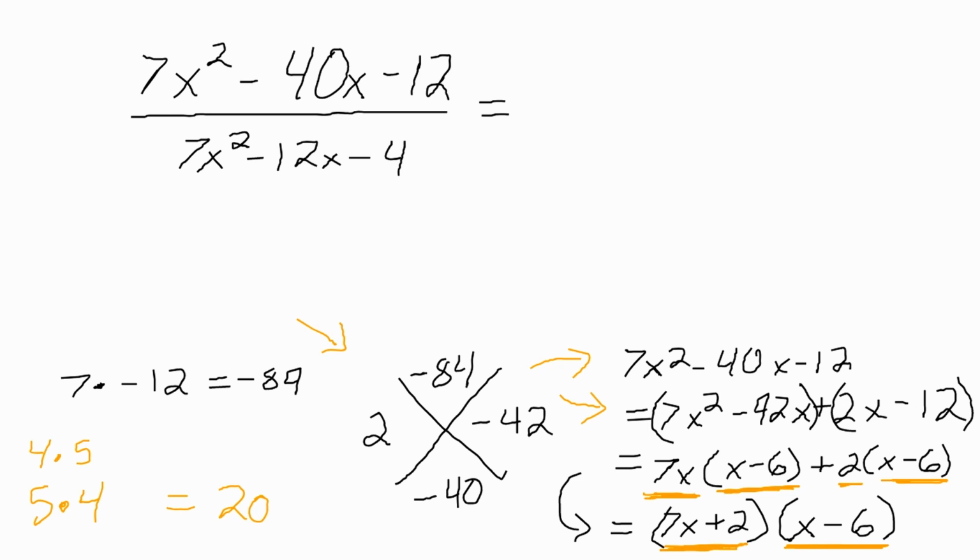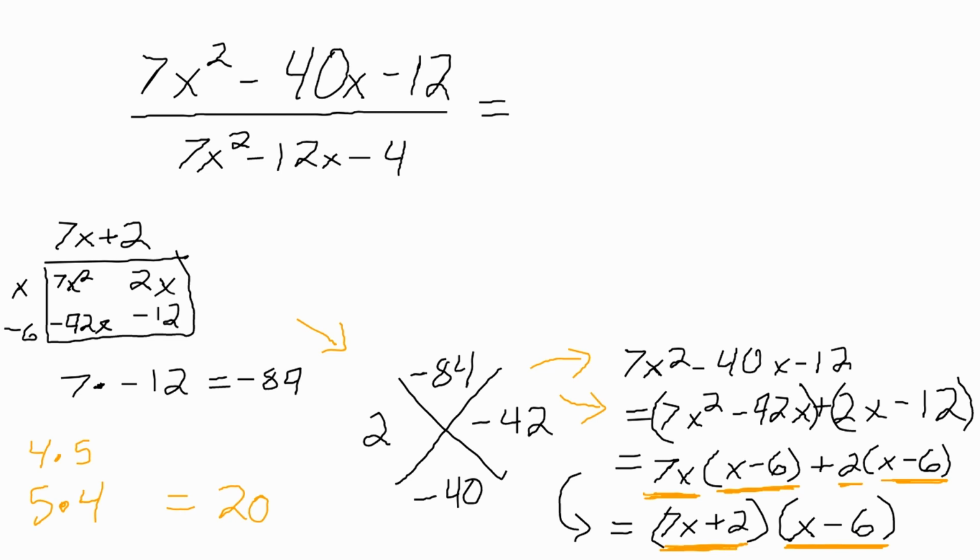If I have 7x and 2 groups of x minus 6, then that's like 7x groups of x, which would be 7x squared. 7x groups of negative 6 would be negative 42x's. 2 groups of x would be 2x's, and 2 groups of negative 6 would be negative 12. If you combine all of this together, you get 7x squared, 2x's, taking away 42x's leaves you with negative 40x's and a negative 12. We're right back where we started.